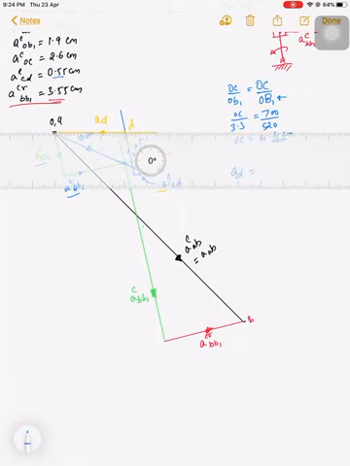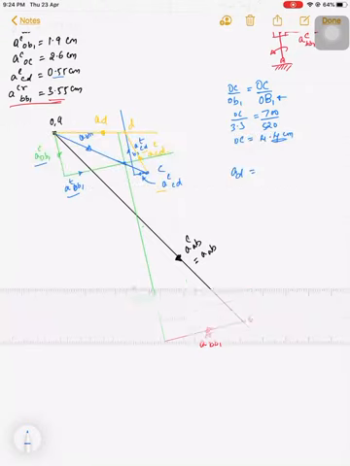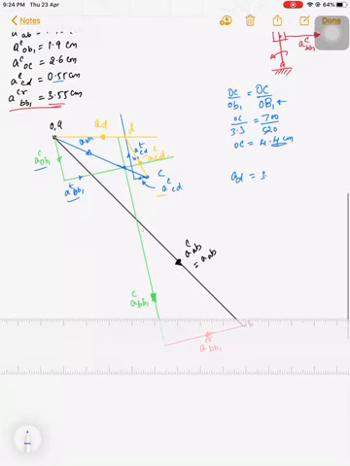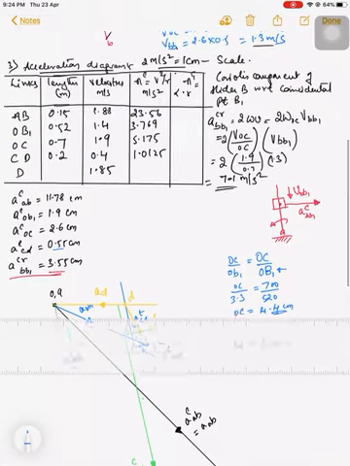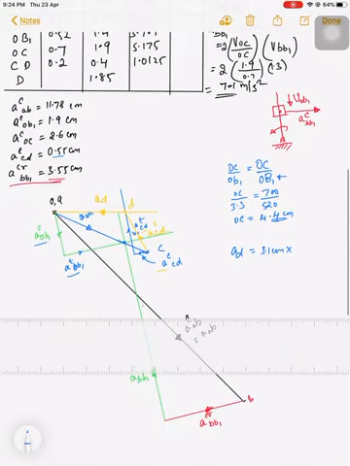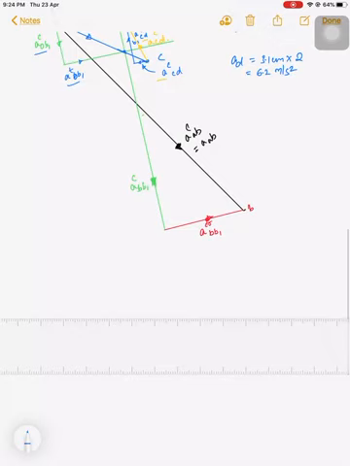It comes to be 3.1 centimeters. That is multiplied by the scale, which is 2, so obviously it is 6.2 meter per second square.